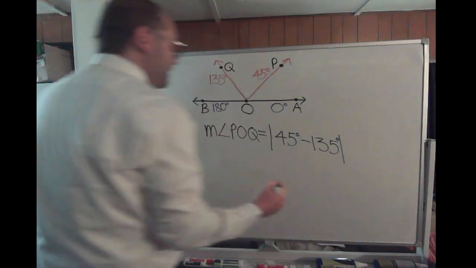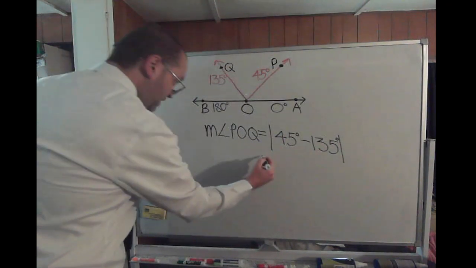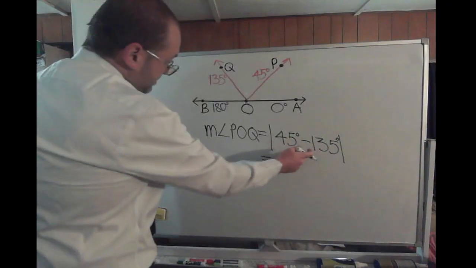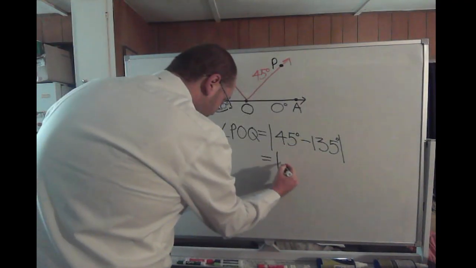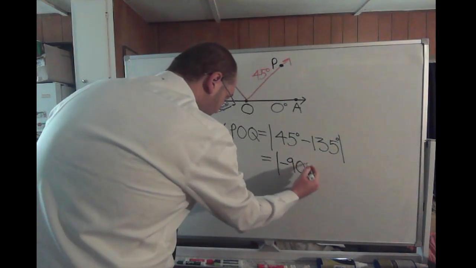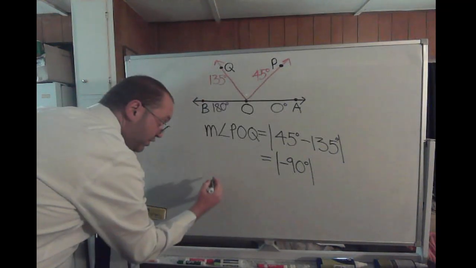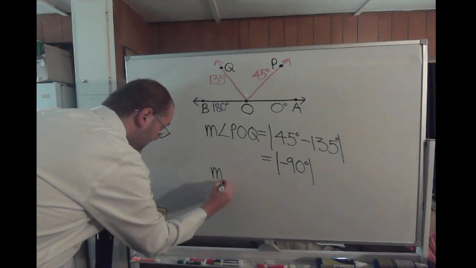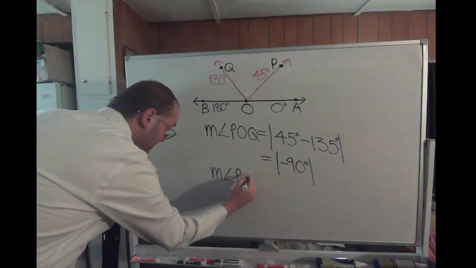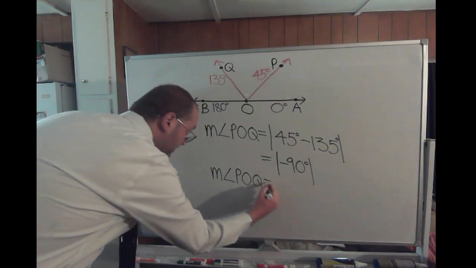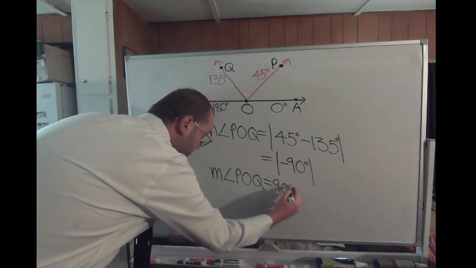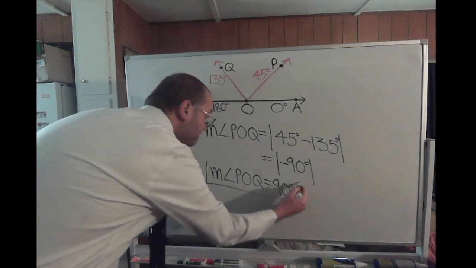Right? Okay. Well, what is 45 minus 135? That's negative 90. So this is equal to the absolute value of negative 90 degrees, which we know the absolute value of negative 90 is positive 90. So the measure of angle POQ in this case is equal to 90 degrees.